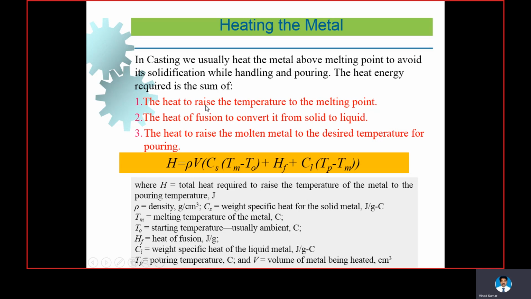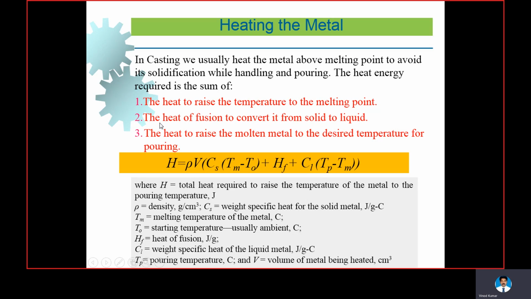That means the solid metal goes from room temperature to melting point, that is Tm minus T naught. So m, which is rho V, times c, the specific heat of the solid material, times delta T, the melting point temperature minus the ambient or room temperature. This will give you the total heat supply to raise the temperature to the melting point.